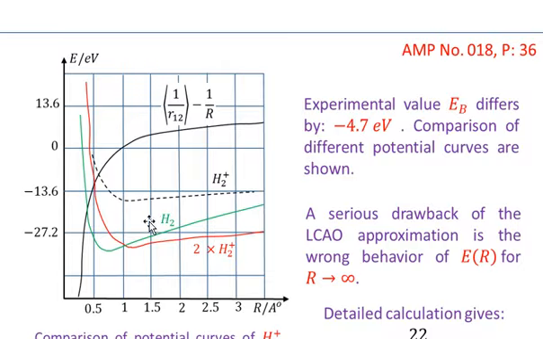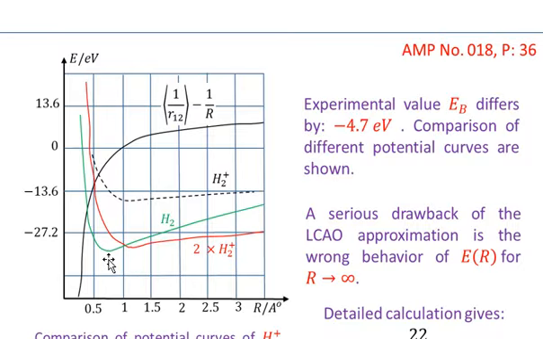So the binding energy here is the binding energy of the H2 molecule, which is the minimum energy. The minimum of the potential energy curve gives you the binding energy of the H2 molecule. And the binding energy corresponding to twice the singly ionized hydrogen molecule is at the minimum of the red curve.